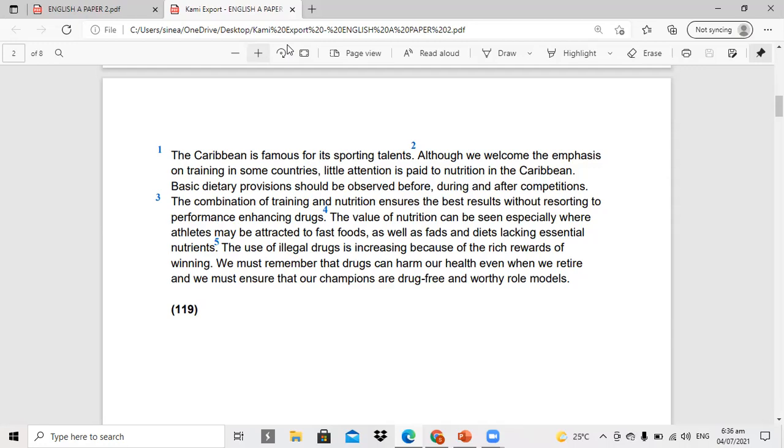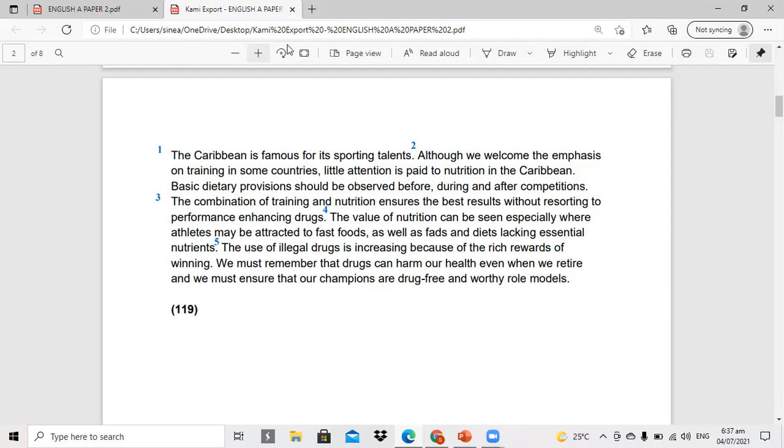The value of nutrition can be seen especially where athletes may be attracted to fast food, as well as fads and diets lacking essential nutrients. The use of illegal drugs is increasing because of the rich rewards of winning. We must remember that drugs can harm our health even when we retire, and we must ensure that our champions are drug free and worthy role models.